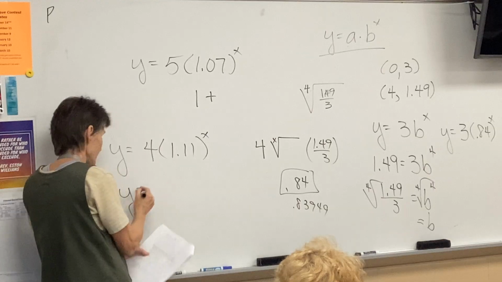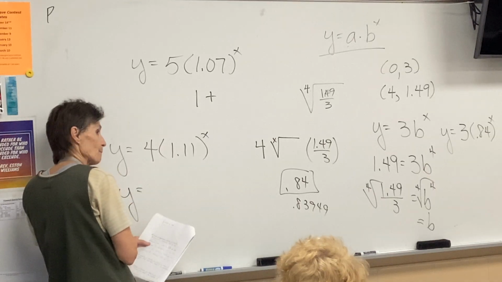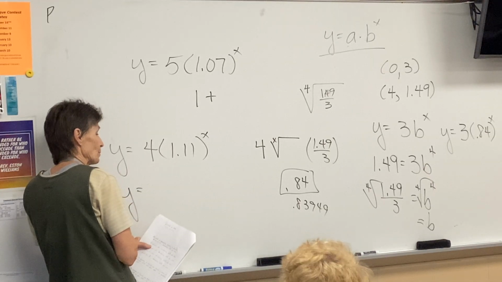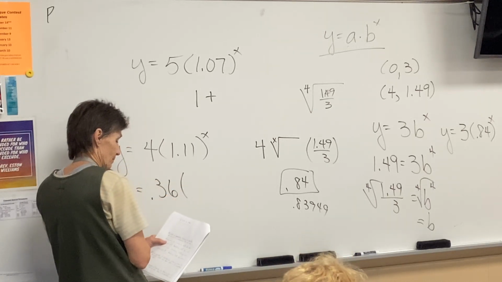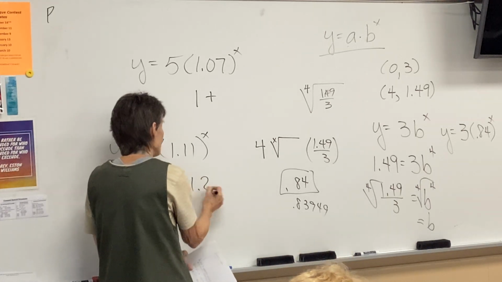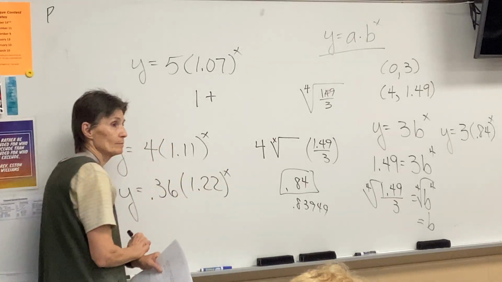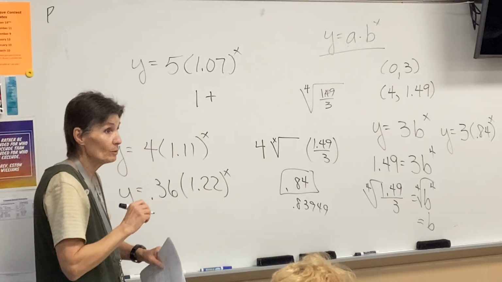What's the second one going to be? B. 0.36. 1.22, because it's 1 plus 22.